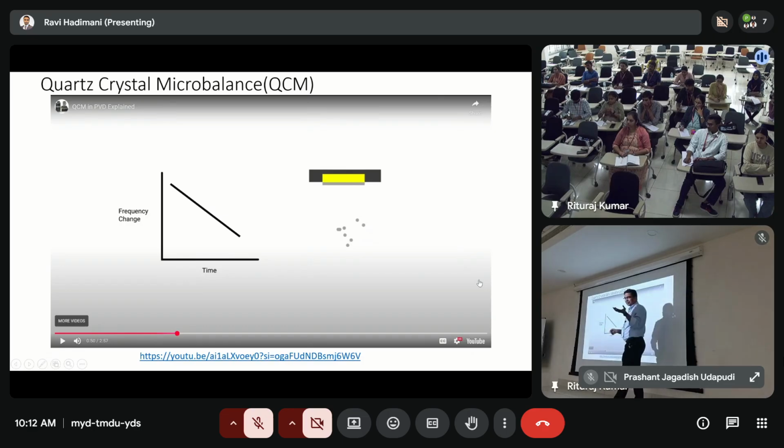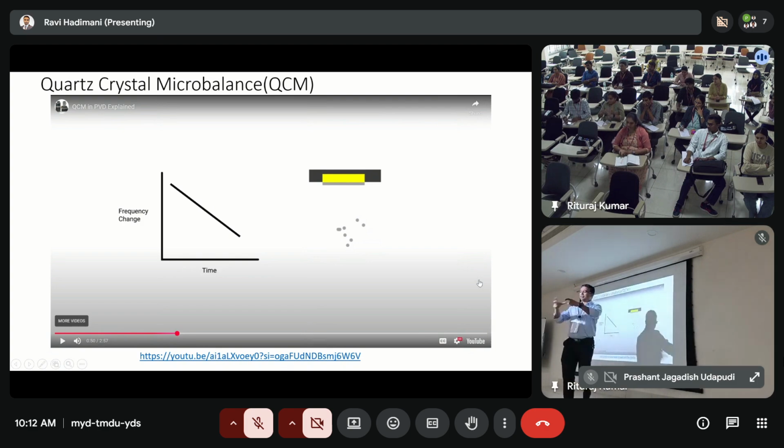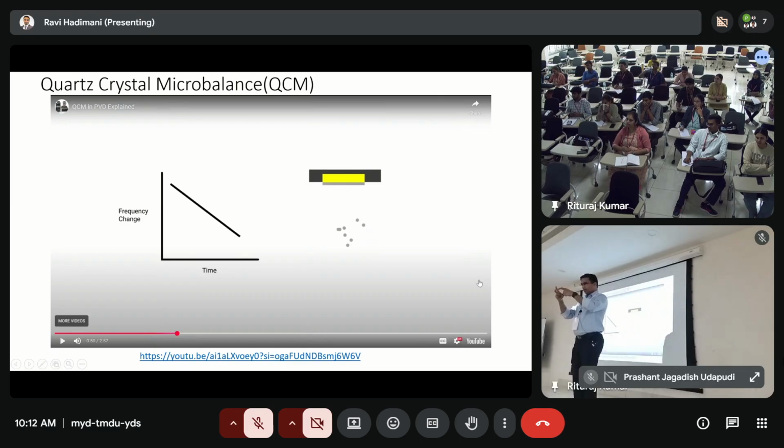And if you are using thermal evaporation, the deposition rate is so high. So here, the frequency changes, because when something resonates at its resonance frequency, what happens if you add a little more mass to it? Yeah, the resonance frequency decreases, right? The bigger materials will have lower resonance frequency.